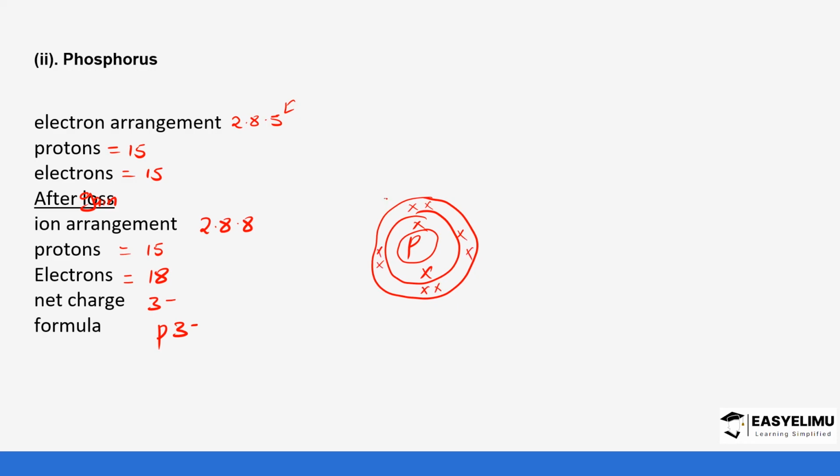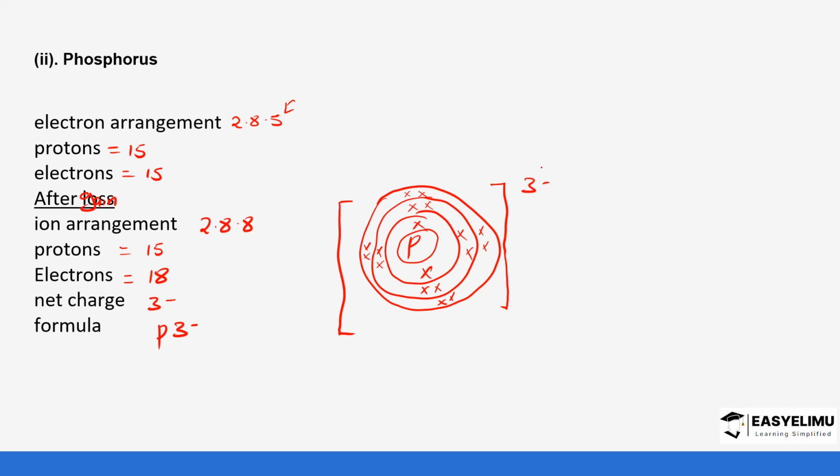The third shell is also occupying 8 electrons. And we enclose these by using the brackets. And we put a 3 minus at the end.